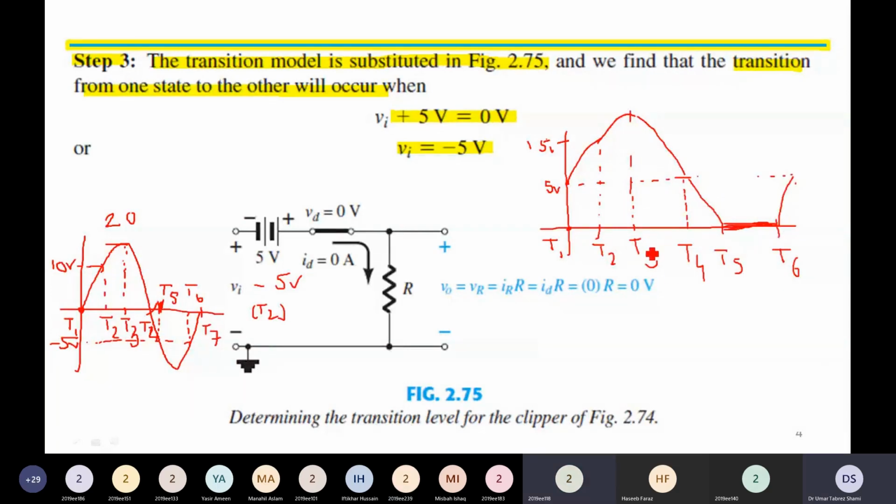So in this way, we have clipped away minus 15 volts of the input voltage. So this is the clipping action in this circuit where we added an external DC voltage. The clipping action was done by clipping away minus 15 volt of the input voltage.